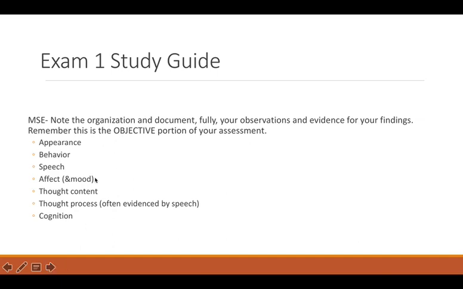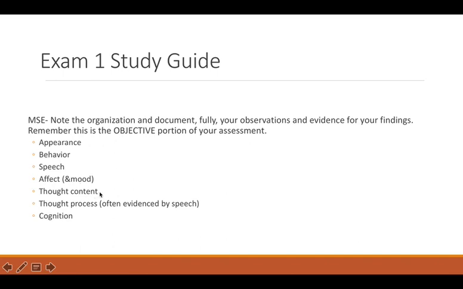But you don't want to leave mood out. Affect should be described in terms like, because there are different domains of the affect, you have range, you have type, you have congruency. So you want to think about all of the different aspects of affect that you need to be assessing and documenting.